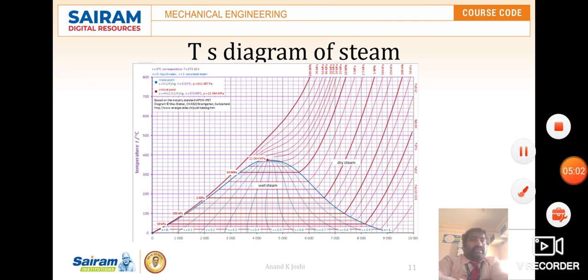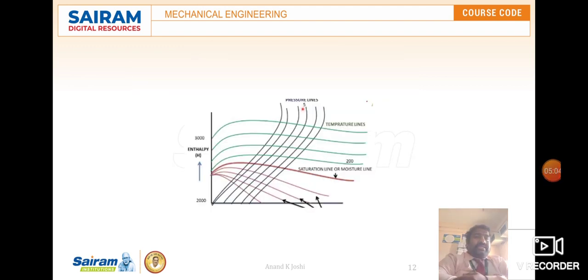Let us now discuss the HS diagram. What is meant by HS? H is enthalpy and S is entropy. Along the y-axis, enthalpy is in kilojoules per kg. Along the x-axis is entropy, in kilojoules per kg Kelvin. These are the lines I am showing here.